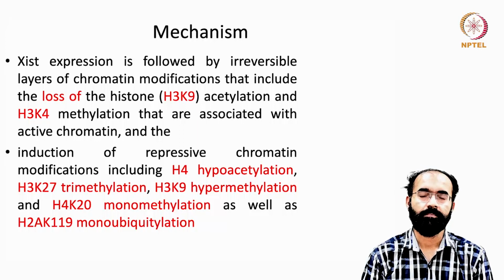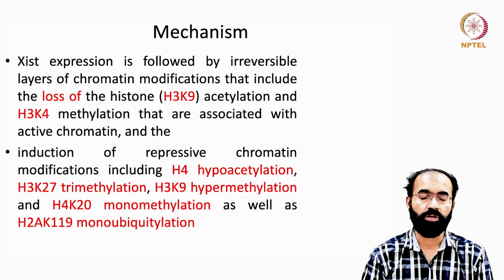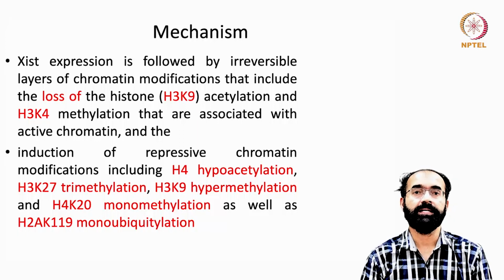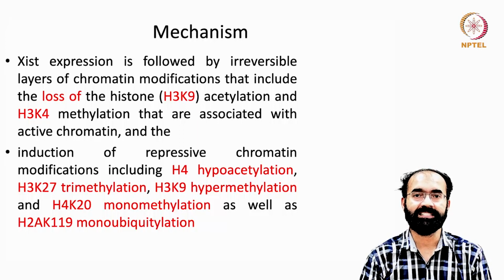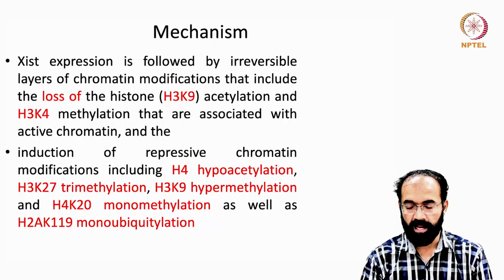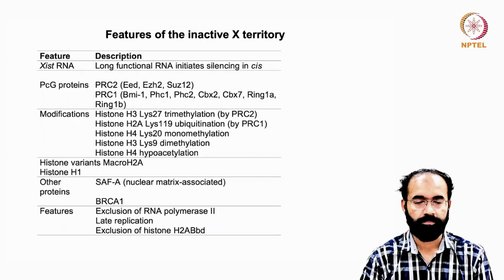So it will facilitate those mechanisms that will prevent the loosening of the chromatin and accelerate the tightening of the chromatin. If you have acetylation, chromatin becomes loosened. If you facilitate deacetylation, chromatin becomes tightened. And if you facilitate methylation, that will become a tight chromatin. So these are the main ways through which Xist is allowing the compaction or the condensation of one of the two X chromosomes.